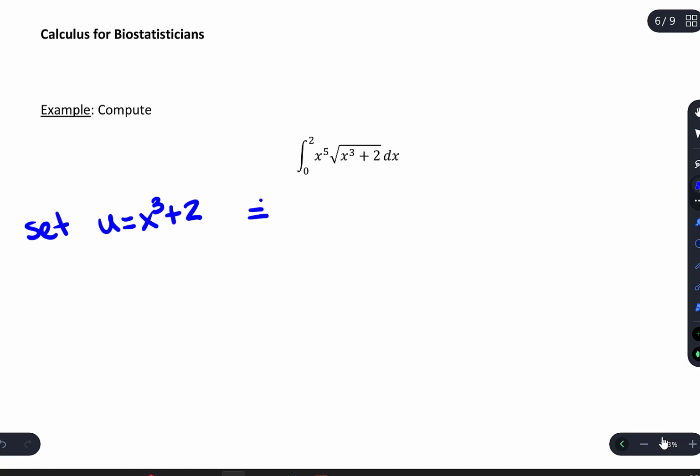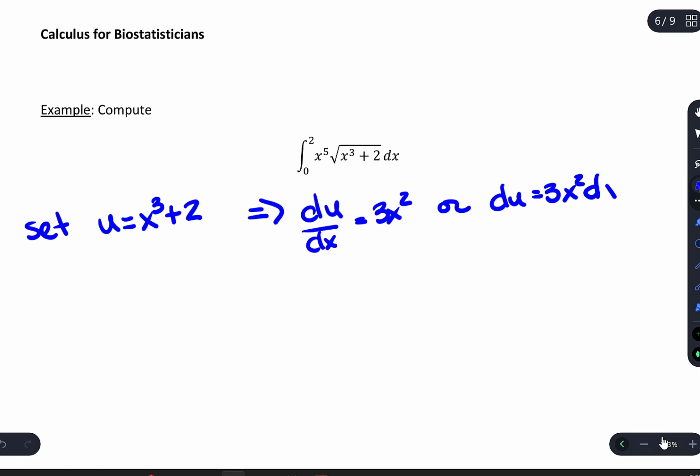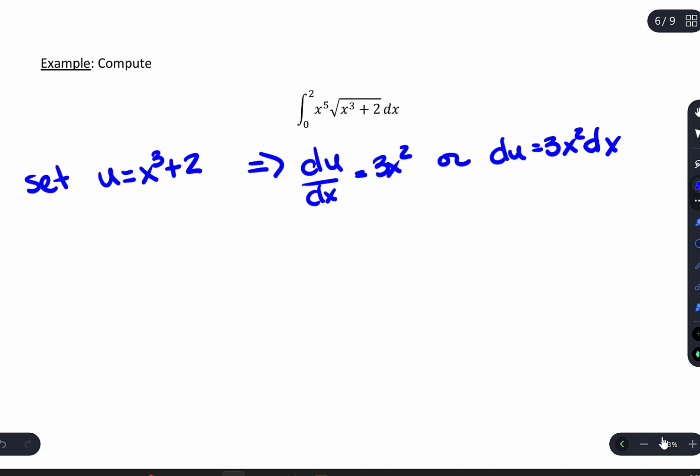Notice that if we were to take the derivative, du with respect to x is going to be equal to 3x squared, or we would say that du is equal to 3x squared dx. And so let's start with that indefinite integral.